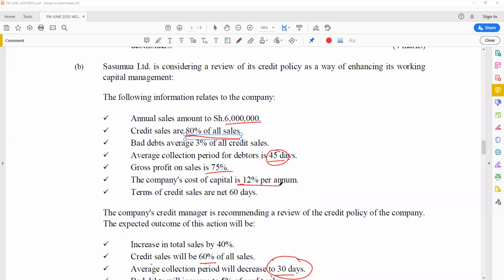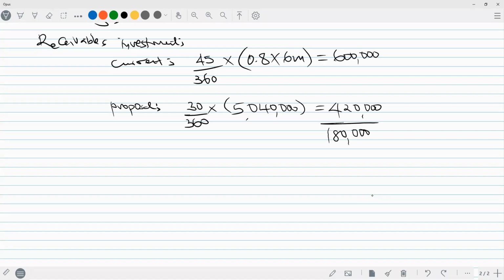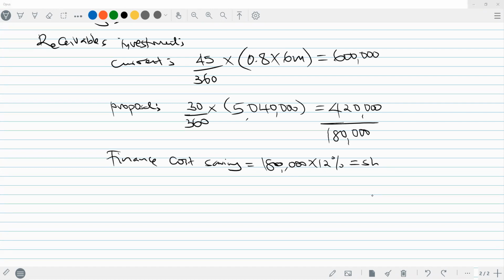The finance or interest cost saving is equal to 180,000 times 12%. This will be a saving to the company once they implement the proposal, which is how much? To give us 21,600.